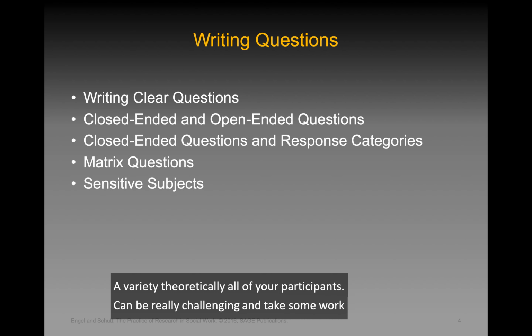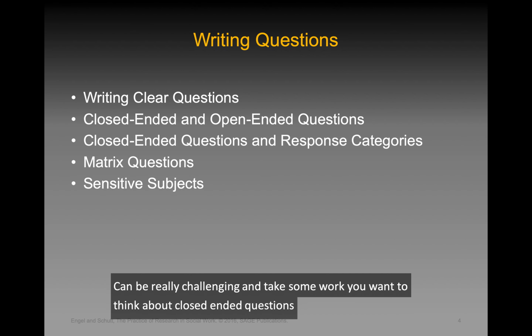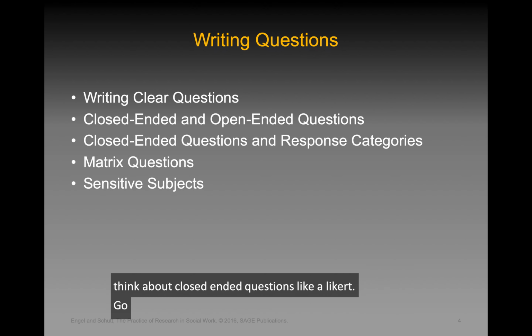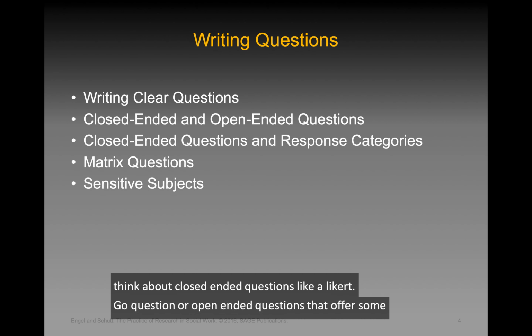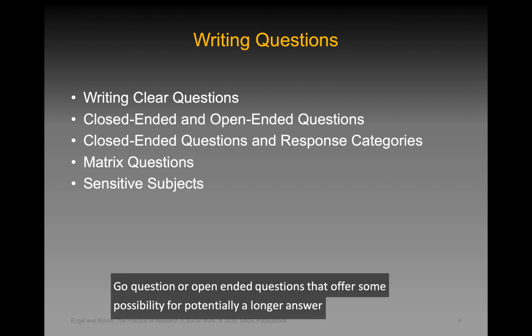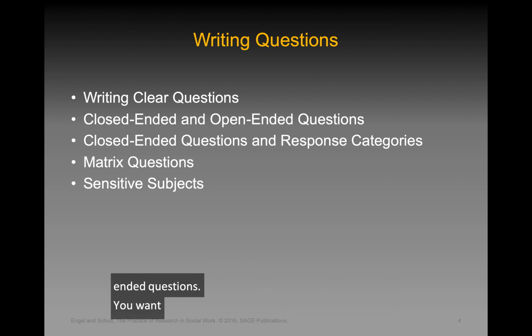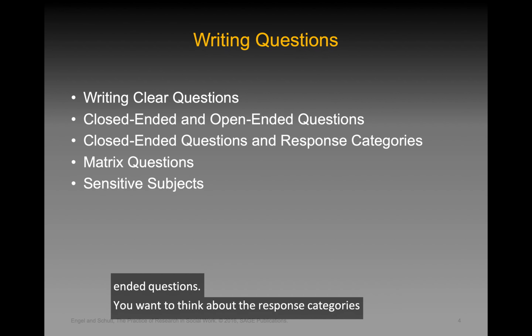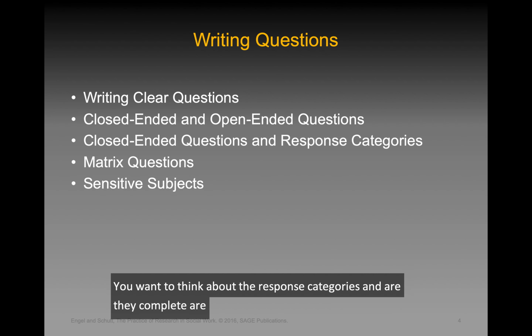You want to think about closed-ended questions, like a Likert scale question, or open-ended questions that offer some possibility for a longer answer. Within closed-ended questions, you want to think about the response categories: are they complete? Are they appropriate?